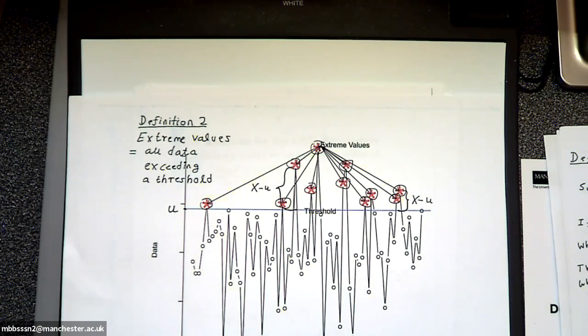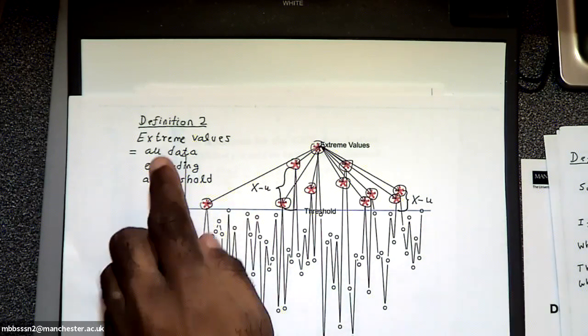You have to pick data that matches definition 1 of extreme value. Remember, definition 1 says that an extreme value is the largest data over a long period of time.